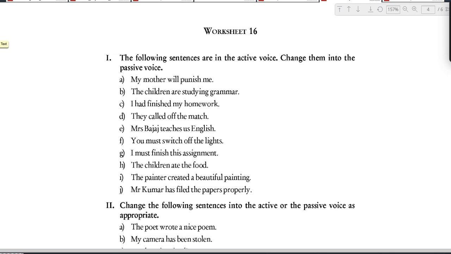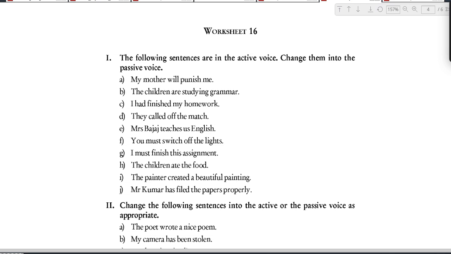I had finished my homework. My homework had been finished by me. Very good. They called off the match.